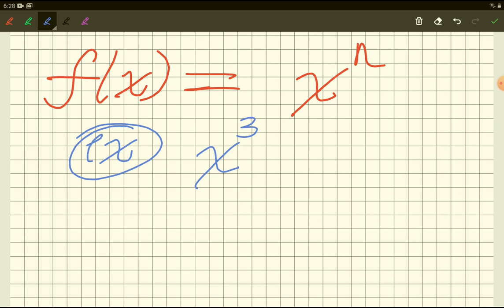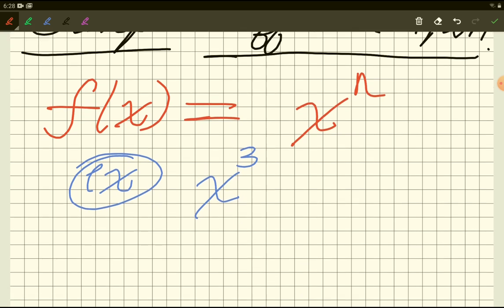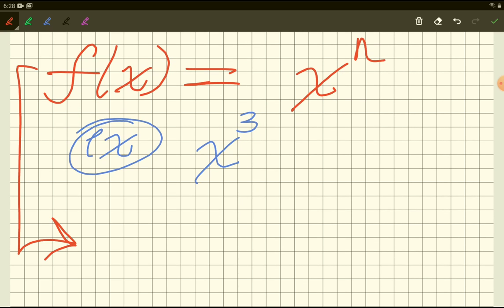All right, so the power property, the power rule of derivatives, it tells you what to do. I'm going to write it out first.